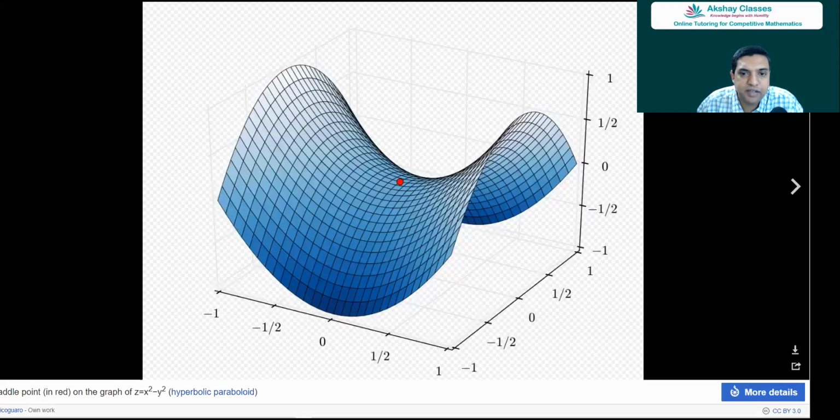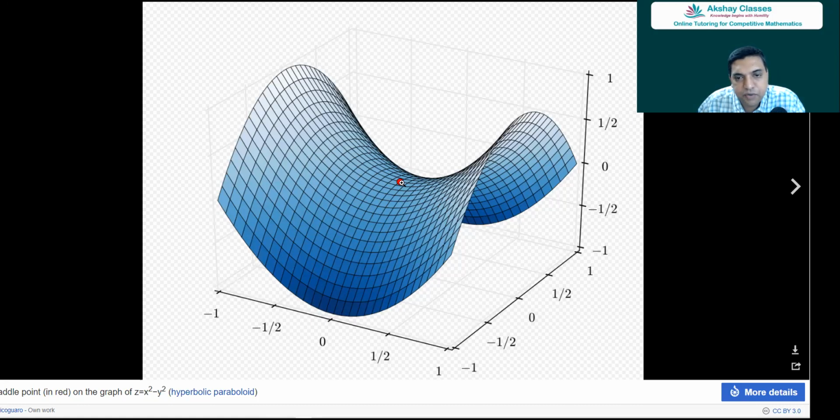Now, look at this particular surface. If you go along this curve, this red point is a maximum along this curve, along this particular line that I'm showing here.